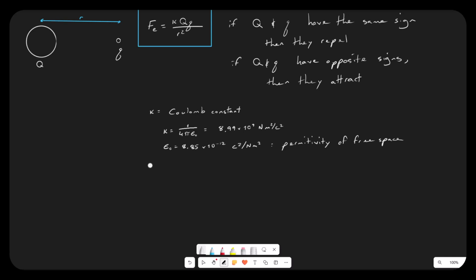Not enough to where we're going to actually treat it differently, but if I were doing this problem in water or in some kind of a semiconductor or some other material, then instead of using epsilon naught, I can use epsilon without a subscript, and that can be the permittivity of a given medium.